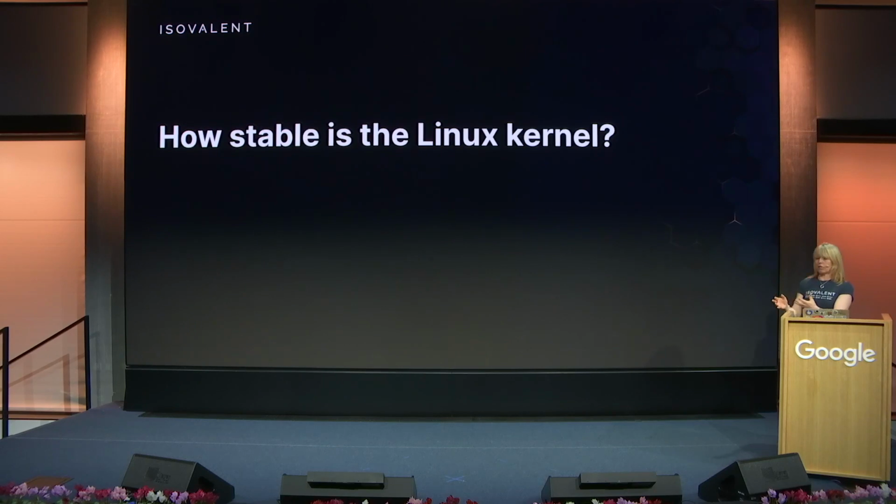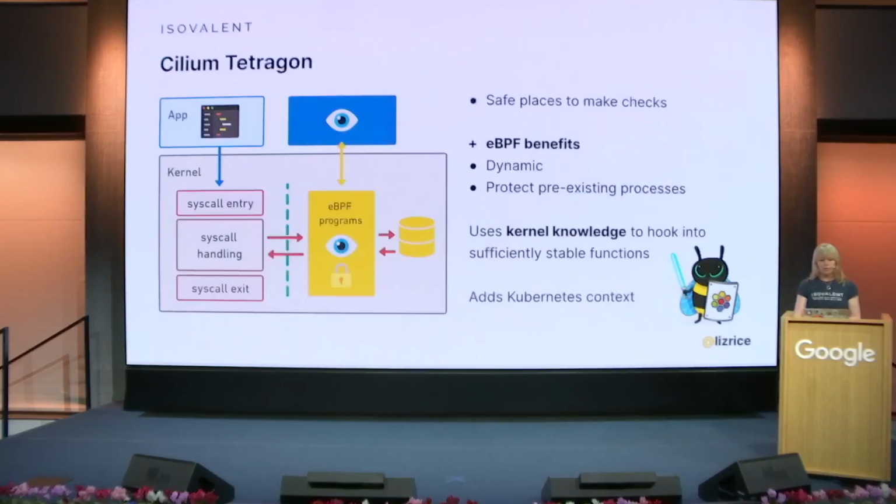So if you wrote a BPF program that relied on a particular function, next Linux release, it might have changed. But loads of functions haven't changed for years. Loads of things about Linux are really pretty stable. They're not officially stable, but in practice, they're stable.